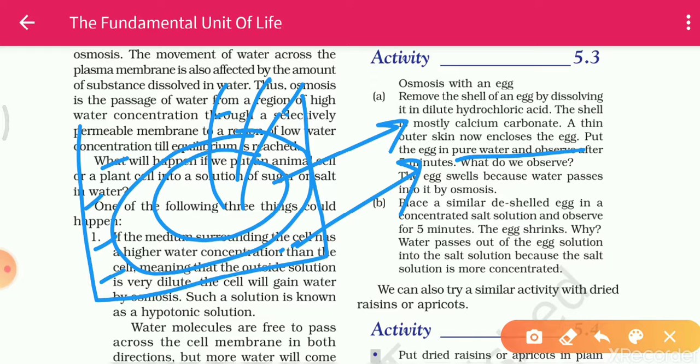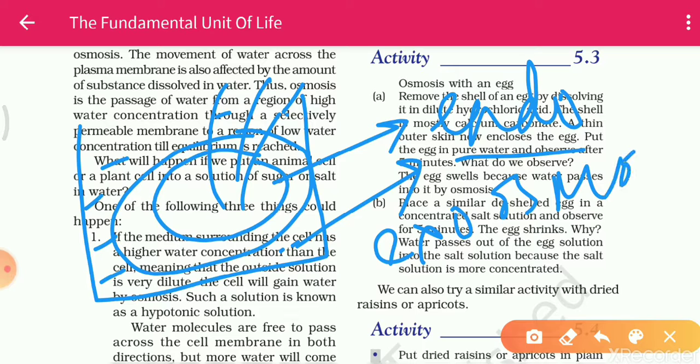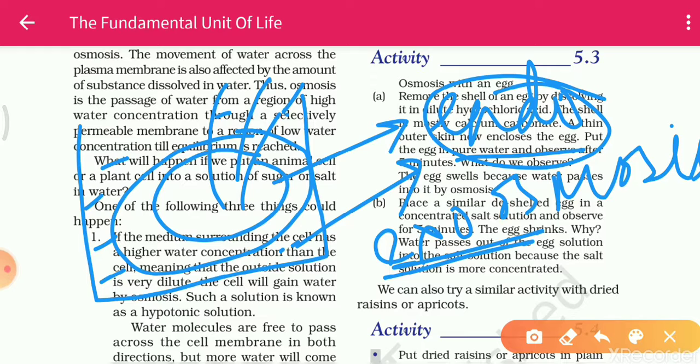That process is called endoosmosis. This one is endoosmosis, and this one is called exoosmosis. When the water comes out from the eggshell, that process is called exo, and when the water goes inside the eggshell, that process is called endoosmosis.